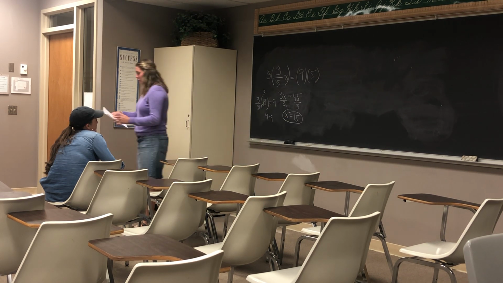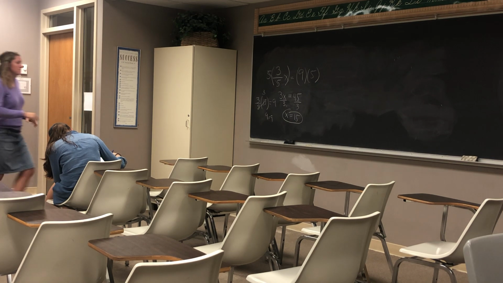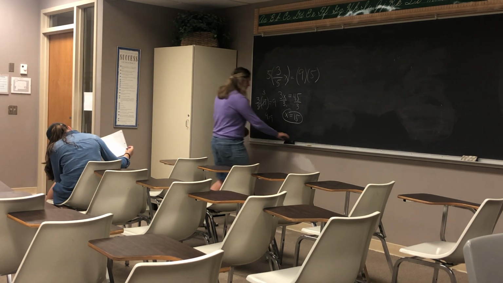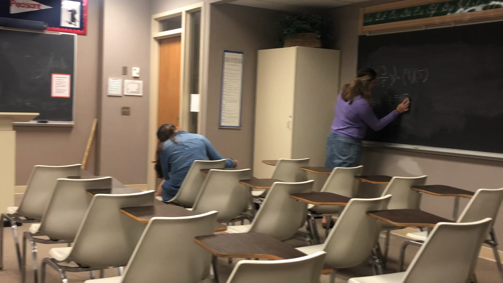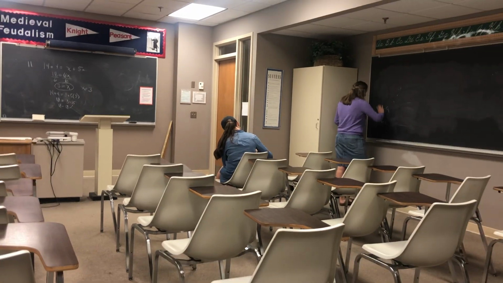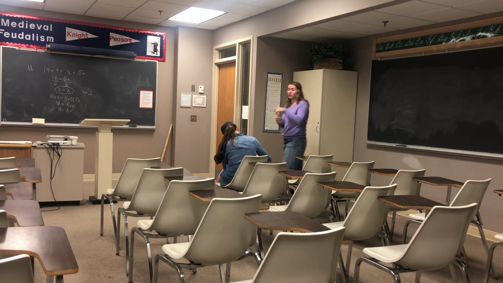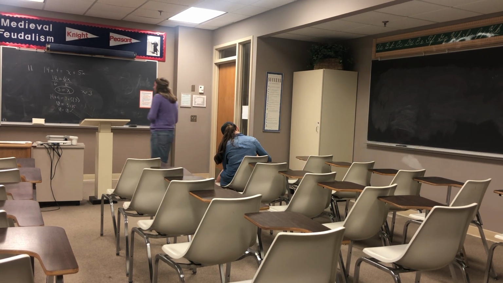Go ahead and look at your practice problems. They're on page 132. I would like you to work on 2, 3, 4, and 5, 2 through 5 at your desk. Mark, make sure you're working on your work.